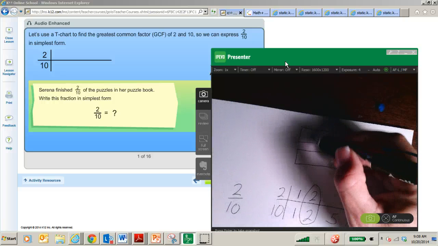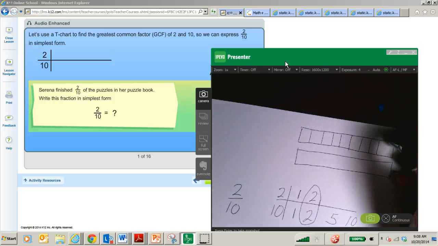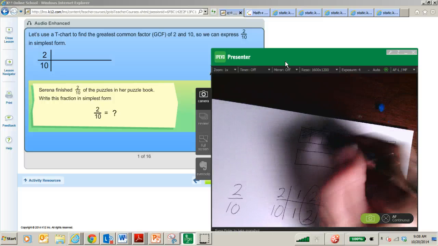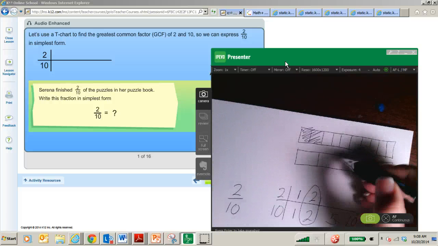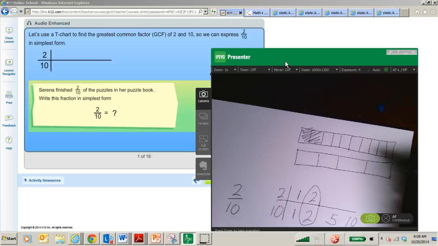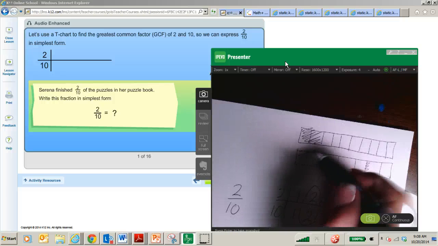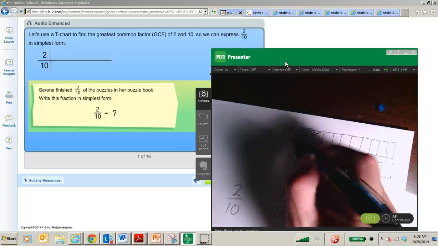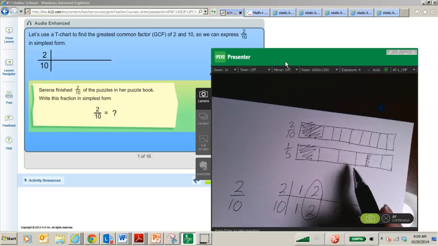And I'll see if I can make somewhat equal sizes. So I have 2 of the 10, but what that also could equal, whoops, this one's not supposed to be there, is 1/5. So 2/10 is the same size as 1/5.